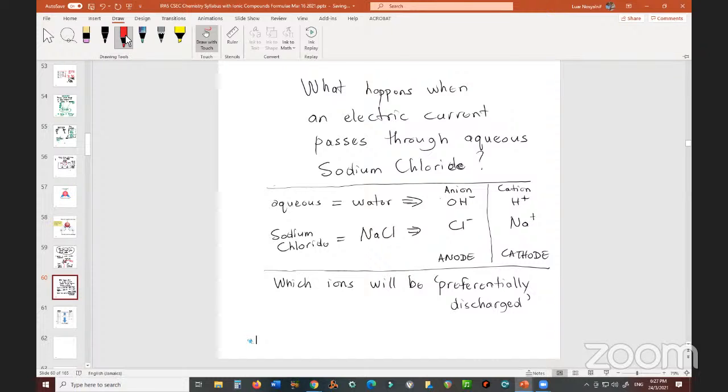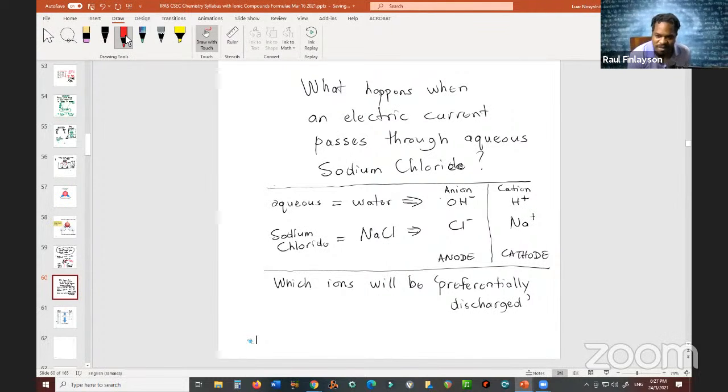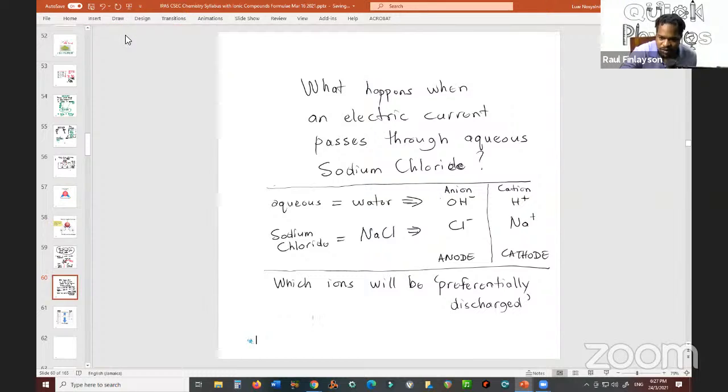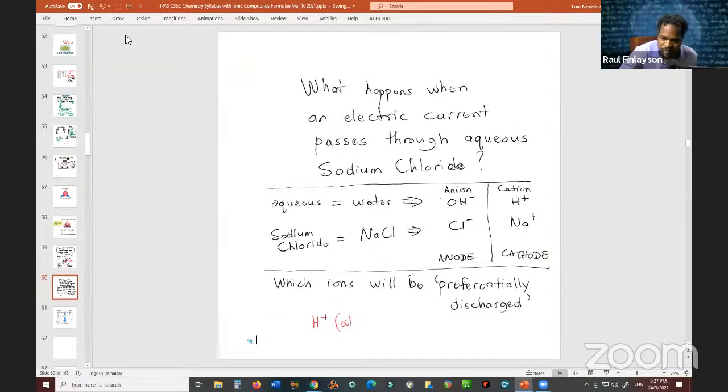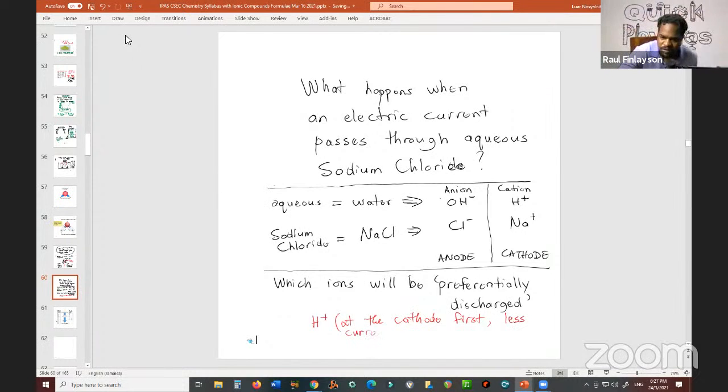You could also say that water requires less energy to separate than sodium chloride. So therefore, whatever ions are in the water will come out first. So which ions will be discharged? We can say that H plus comes off at the cathode first. And if they ask for the reason, less energy, less current, is required to separate it.